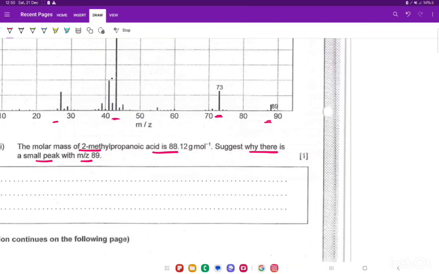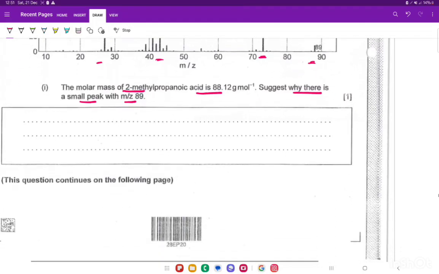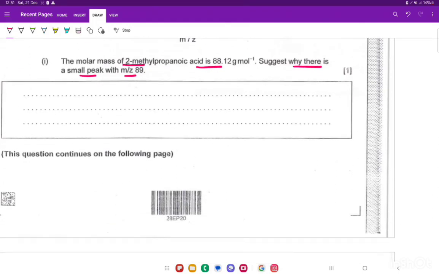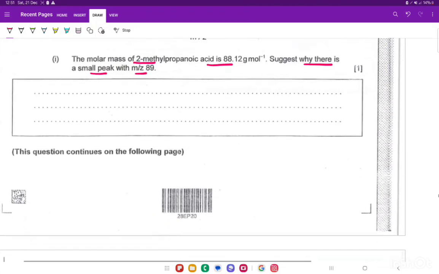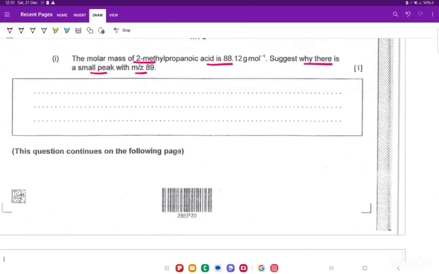When the peak is higher than the molar mass, we can conclude it is because of a higher isotope of an element in the compound. Since it is at around 89, it will be a higher isotope of carbon.